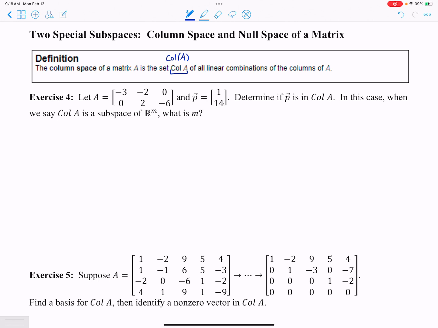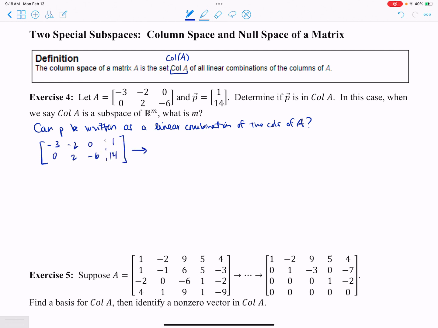Exercise 4 gives you a matrix A and a vector P, and the question is, is P in the column space of A? So what that's really asking is, can P be written as a linear combination of the columns, which you guys know how to do. So we're going to augment and row reduce.